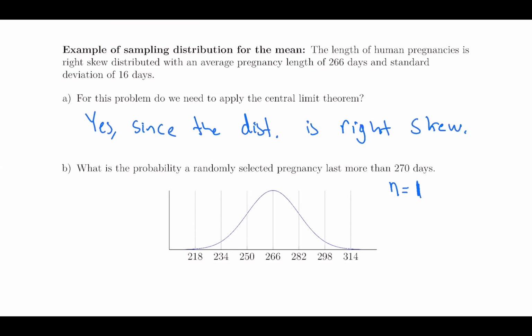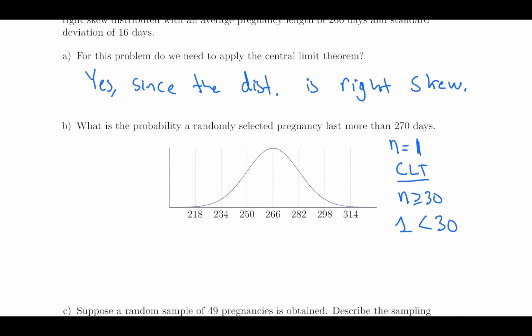No, because the central limit theorem says n has to be greater than or equal to 30. 1 is not greater than 30. So for this one, we say we cannot find the probability.